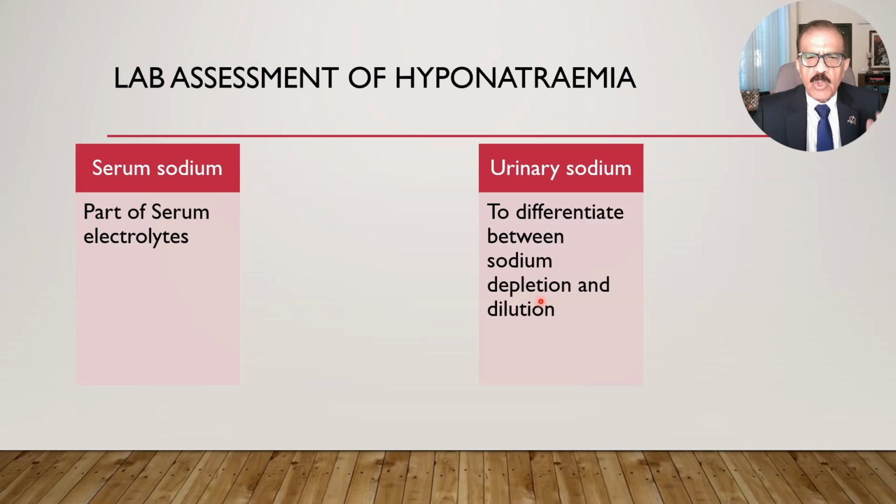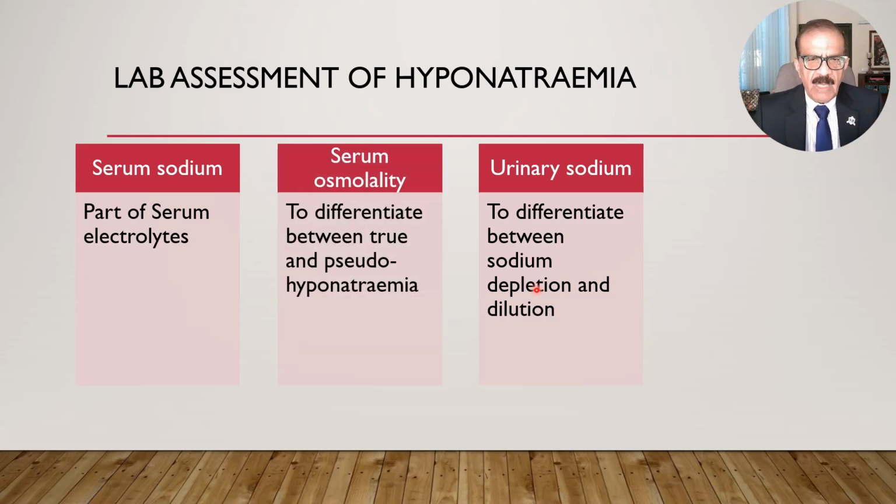So urine must be very low in sodium, or at least not high in sodium. But in some other conditions, urine sodium may be normal or high. If somebody is severely hyponatremic and urinary sodium is still normal, that would be called falsely normal, because in actual hyponatremia you expect urinary sodium to be low.